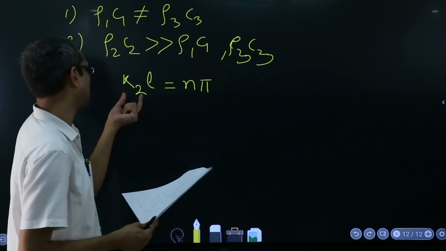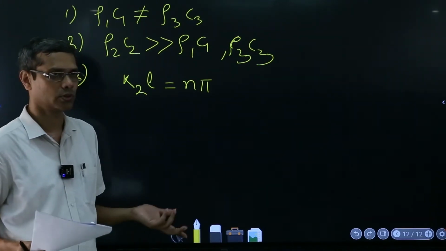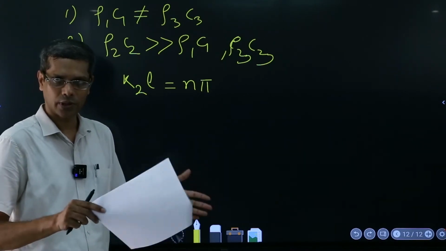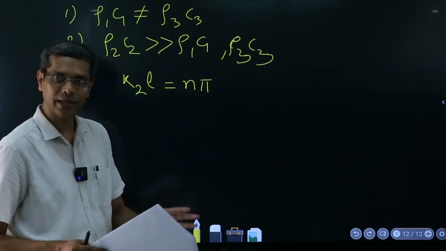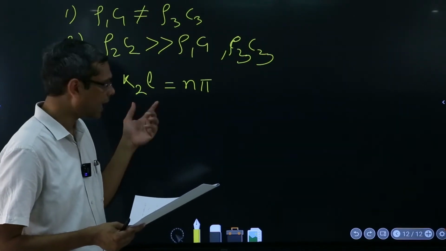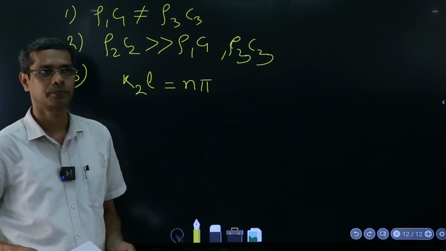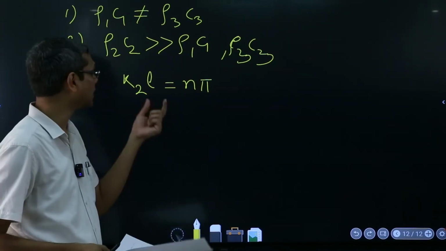Because L is fixed, suppose you have taken a particular length, then at certain frequencies this condition will happen, and at such frequencies it is just transmitted independent of the thickness.